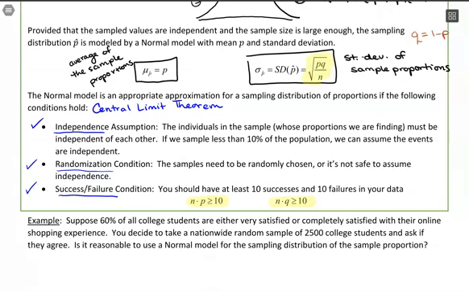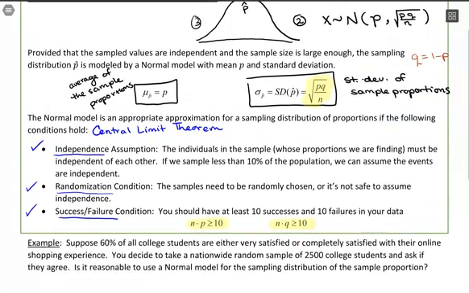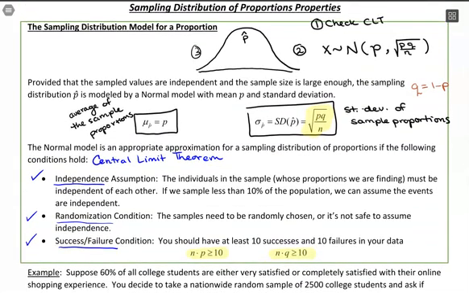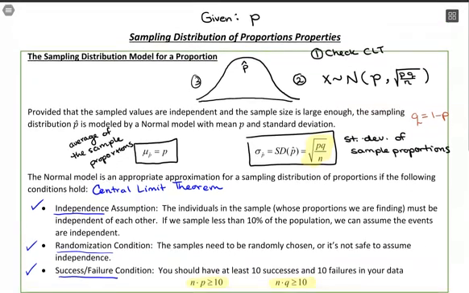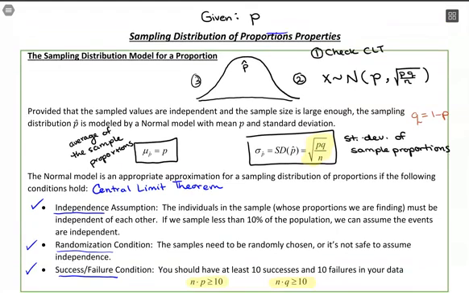So let's look at an example here, and then in the next video I'll have another example to go through with you. The key is, if we're mapping sample proportions, again, these are types of percentages, and what can help is thinking about proportions as a percent of a sample size.